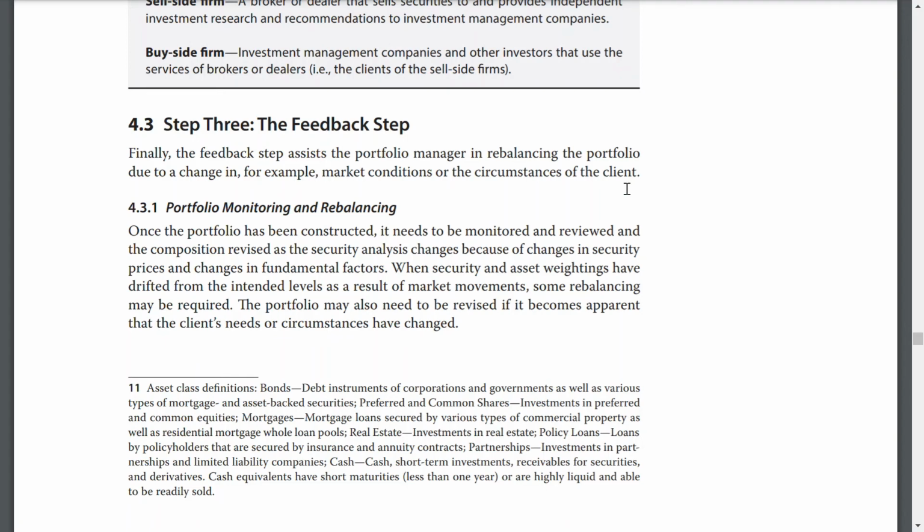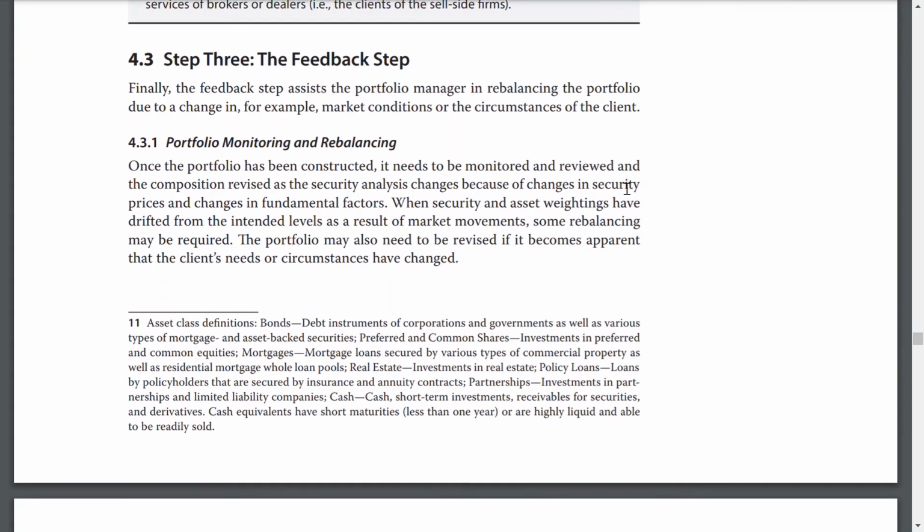When securities and asset weightings have drifted from the intended levels as a result of market movements, some rebalancing may be required. A portfolio may also need to be reinvested if it becomes apparent that client needs or circumstances have changed.